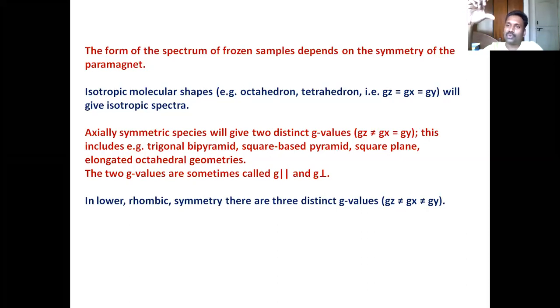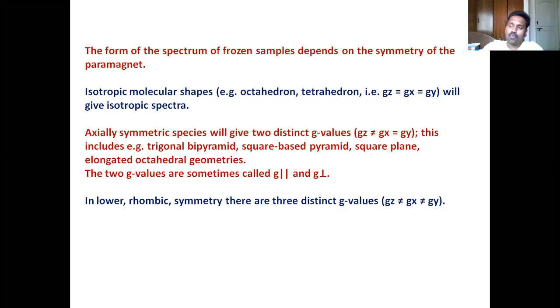So if you remove two axial ligands from an octahedral geometry, it becomes square planar geometry. So square planar is an example of anisotropic G values. Whereas square pyramid is again anisotropic G value. Trigonal bipyramidal, the best example for anisotropic G values.